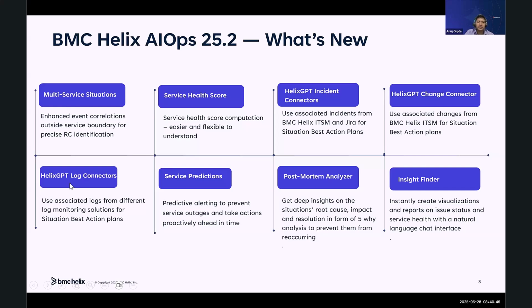Next set is on the log connector. Traditionally, we have been collecting logs, monitoring them, and analyzing those logs, and thus generating the events. But with these Helix GPT just-in-time smart log connectors, in context of a situation, in context of your problem for the impacted host or impacted service, you can query any of, I mean we do support some 4 or 5 different log monitoring repositories.